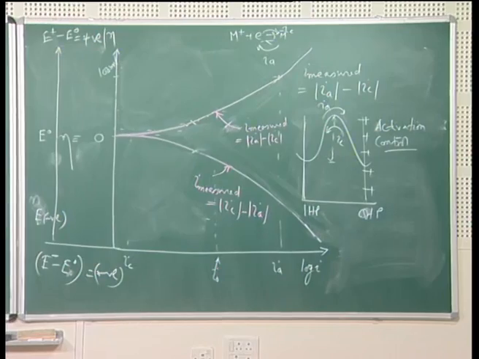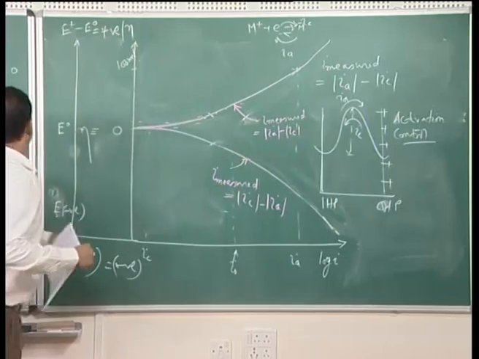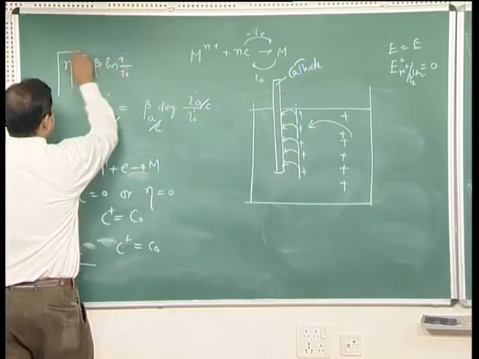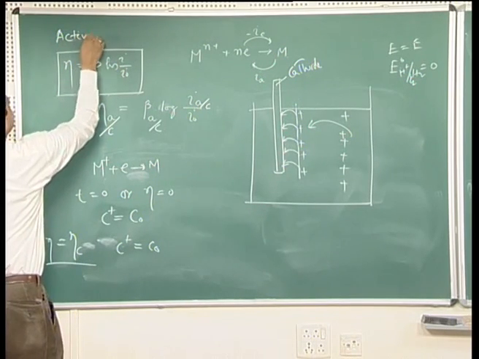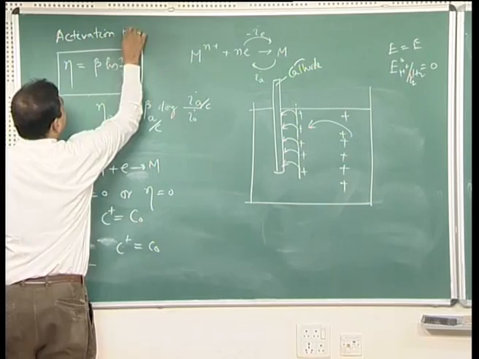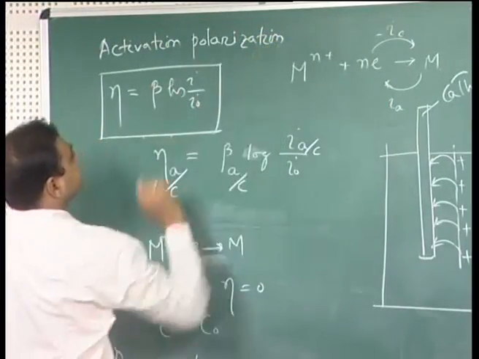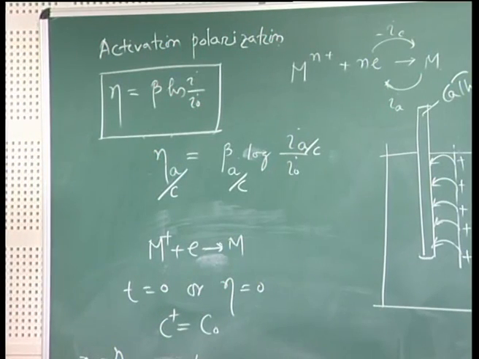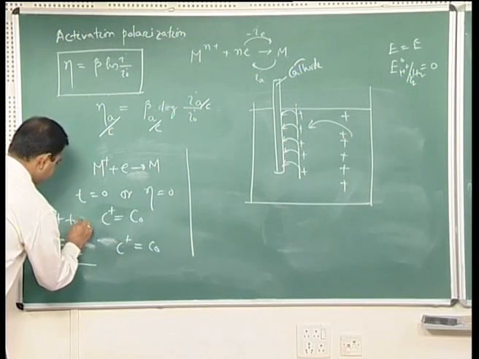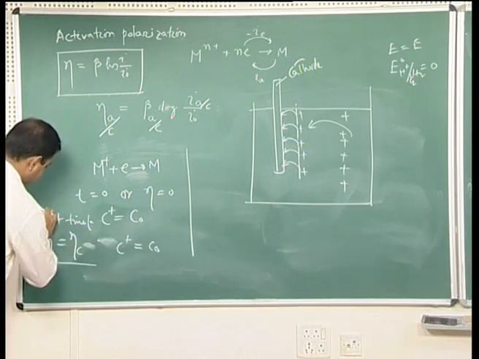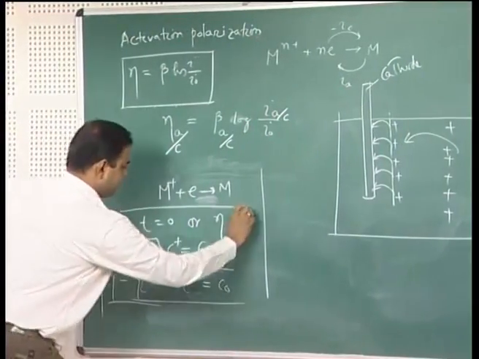Now there could be another situation. Sorry, before that, since this is activation control, we call it activation polarization. Now the point is, same situation at time t, this is at time t equal to 0.